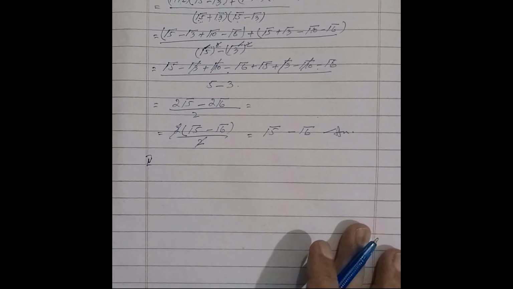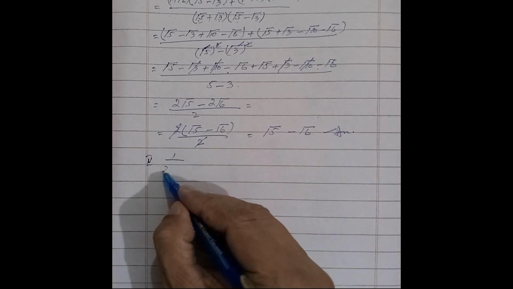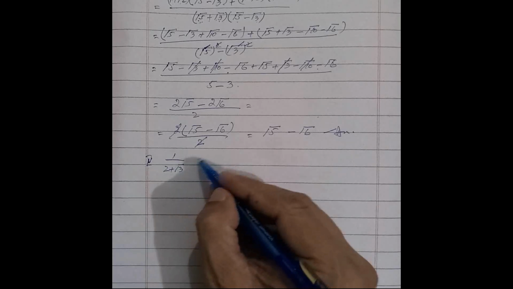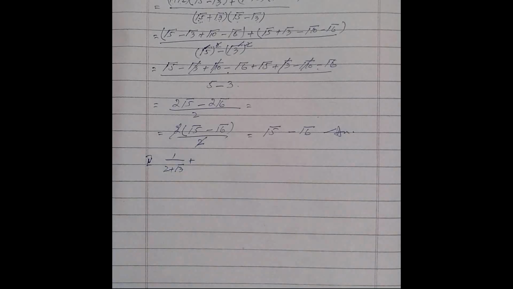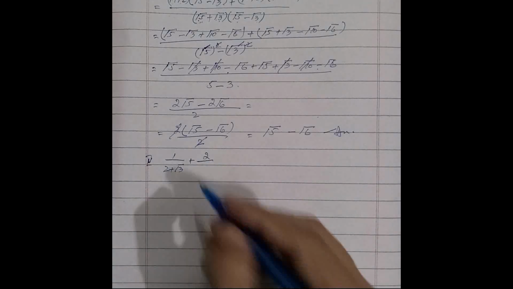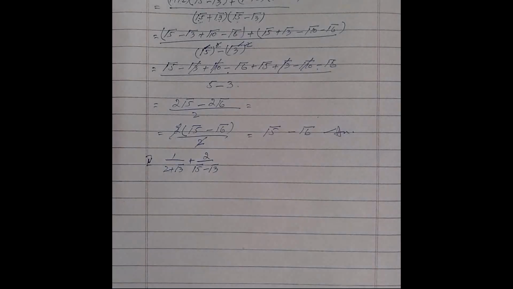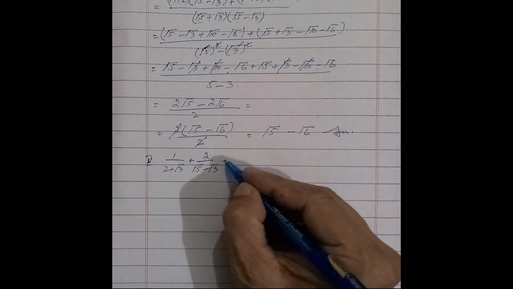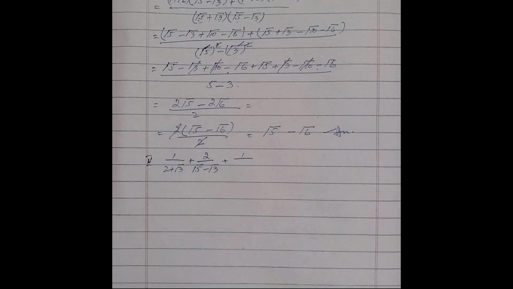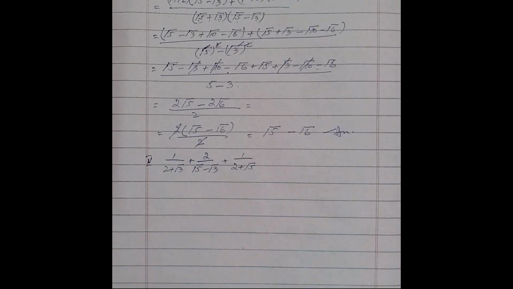Part 2 is: we have 1 over (2 plus square root 3) plus 2 over (square root 5 minus square root 3), and the last value is plus 1 over (2 plus square root 5).